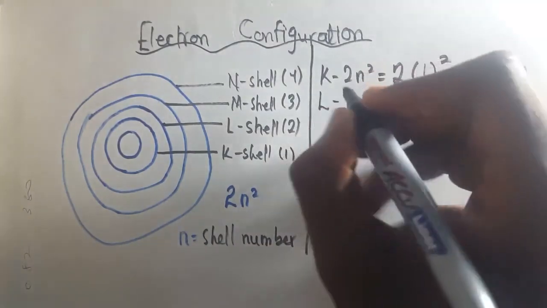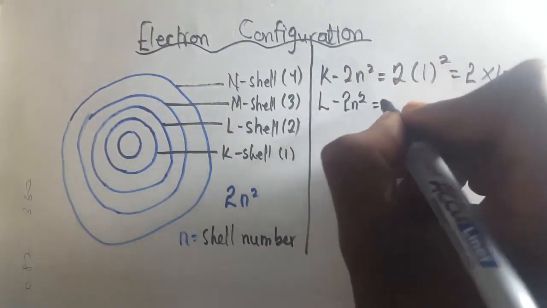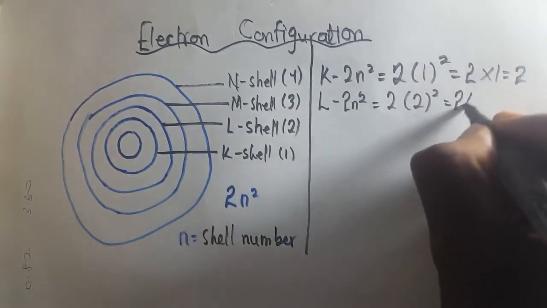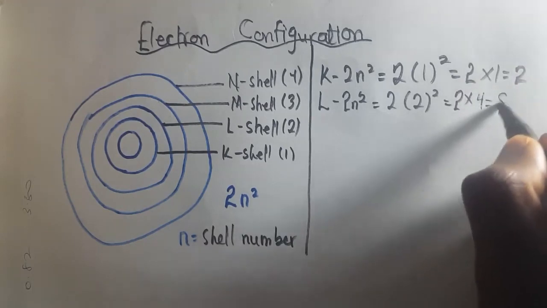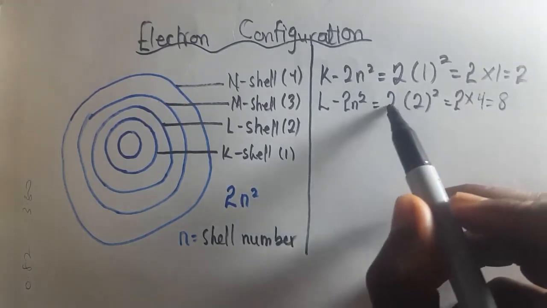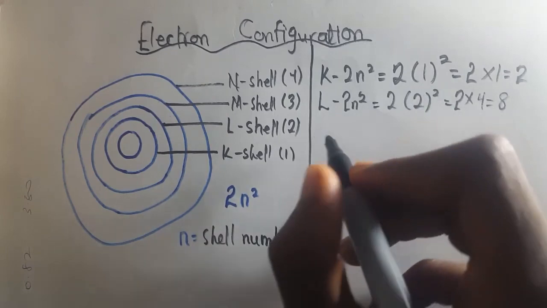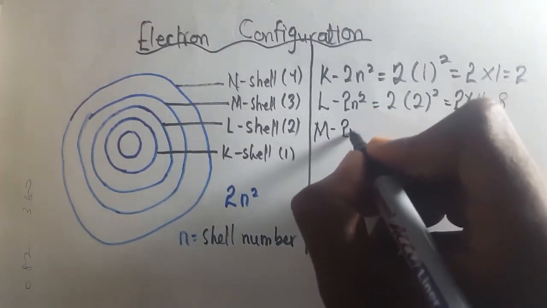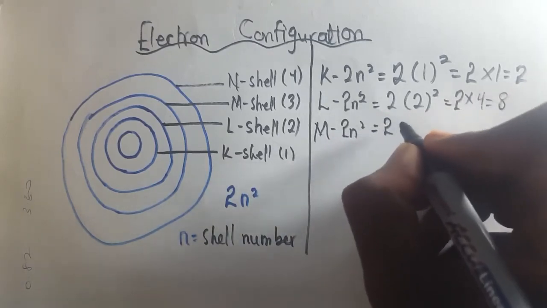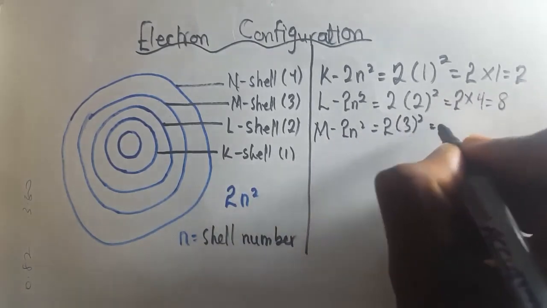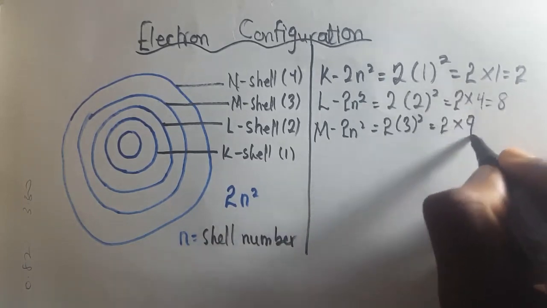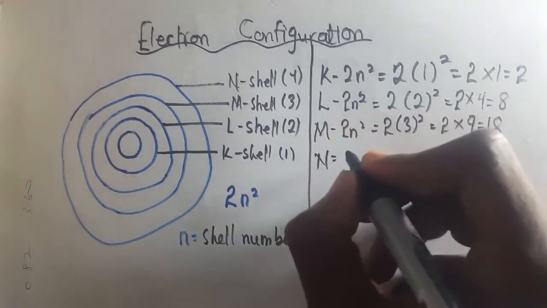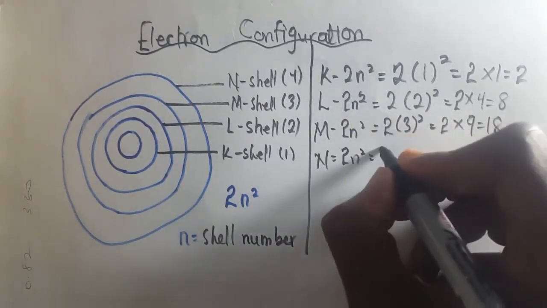L shell, 2n squared, 2 times 2 squared, 2 times 4, 8 electrons. Now take note, you square before you multiply. K, L, M, 2n squared, 2 times 3 squared, so 2 times 9 is going to be 18, followed by the N, 2n squared, 2 times 4 squared.